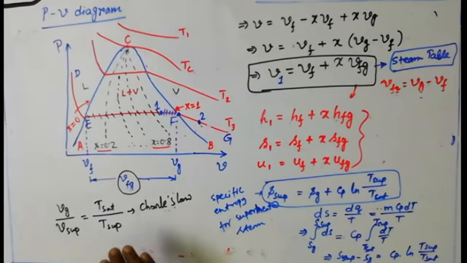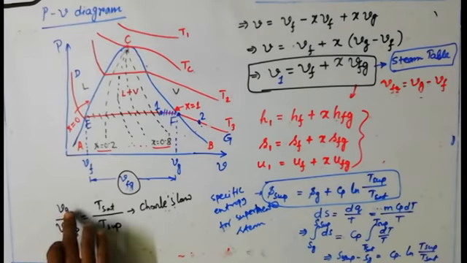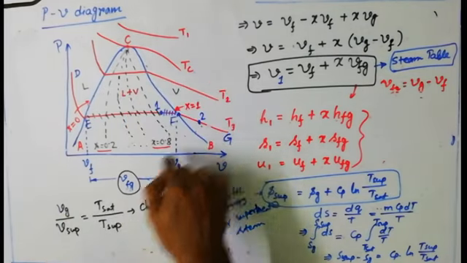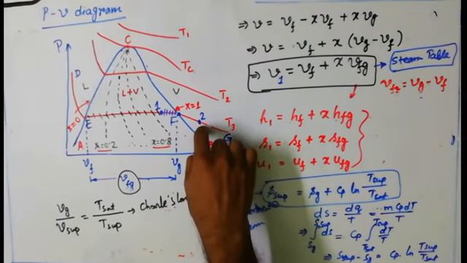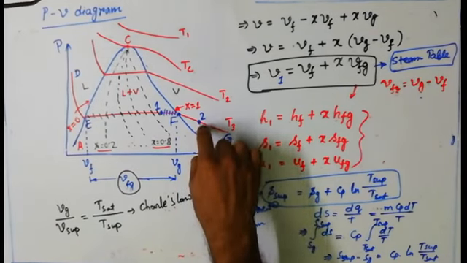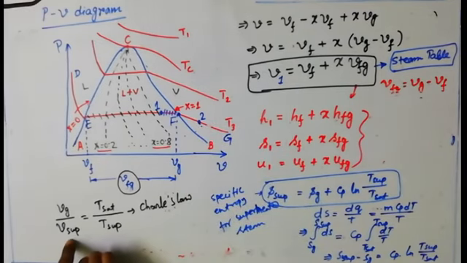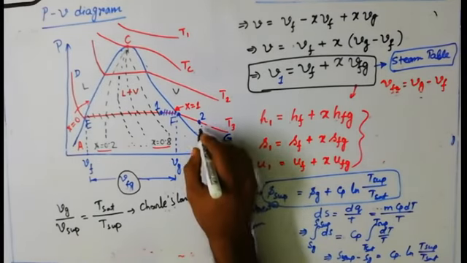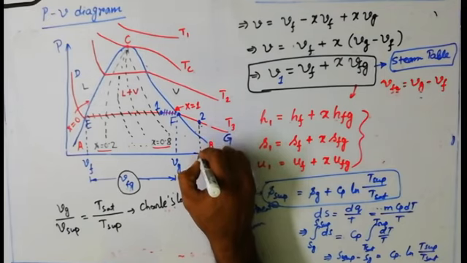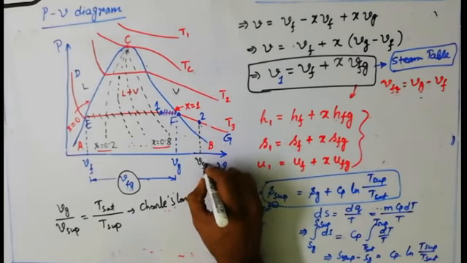So at constant pressure, if you do the phase transformation process, then you can write this equation. Vg means the specific volume of saturated gas, that means on this line. V sup: suppose your steam is resting in the superheated region, say at point 2. At this location the volume is V sup. That means if you draw a vertical projection on the V axis, that will give you V sup.